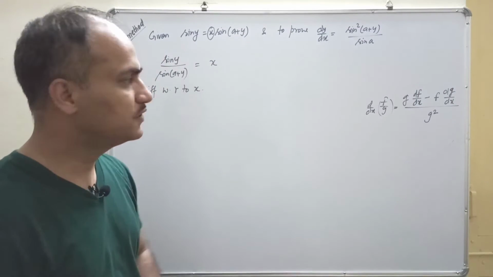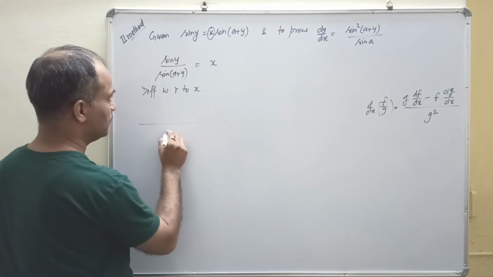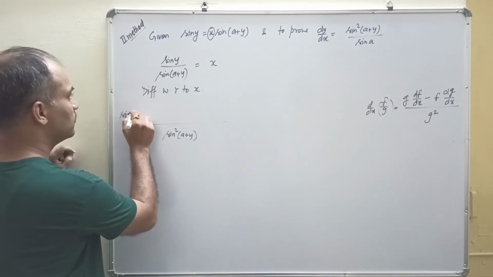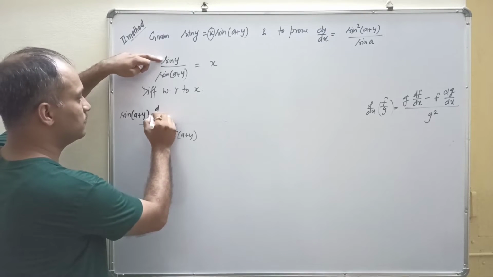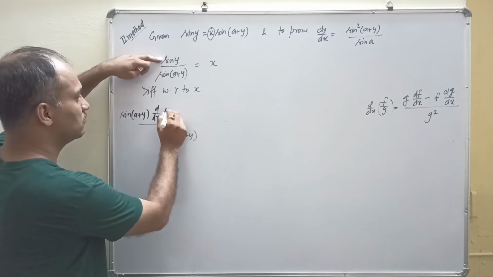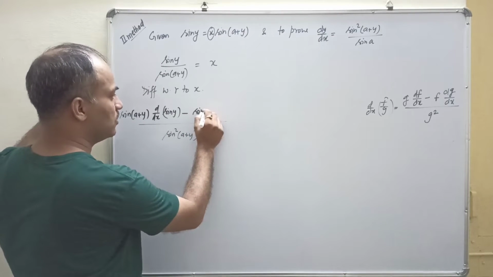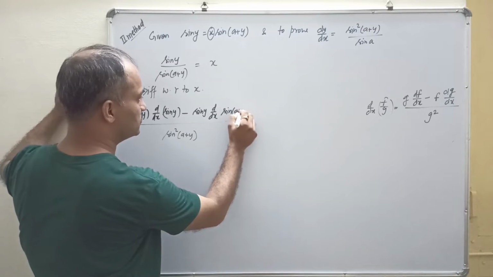This formula we are going to apply. So f upon g, sin square(a plus y) as it is, differentiation of sin y, minus sin y outside and differentiation of sin(a plus y).